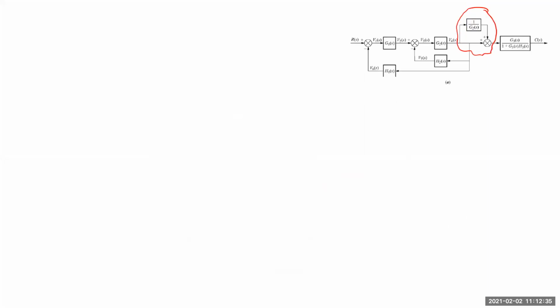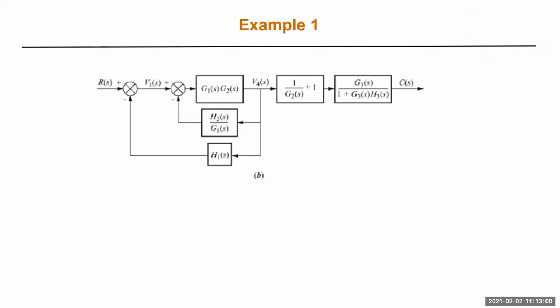Yes, between V4 and V4 multiplied by 1 over G2. Exactly. If you take the signal from here, it will go directly and will also go through the other path. So if it is a parallel combination, what is the summation? How do I reduce this portion? It will be 1 over G2 plus 1.